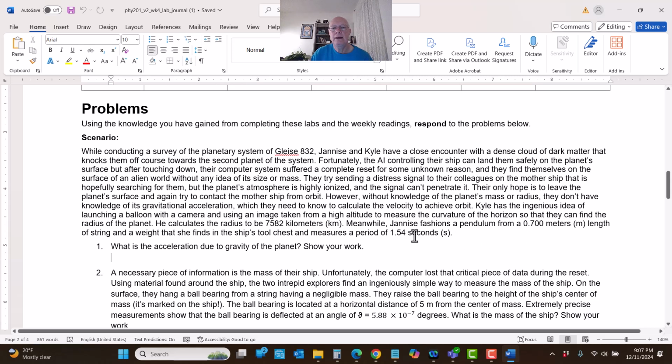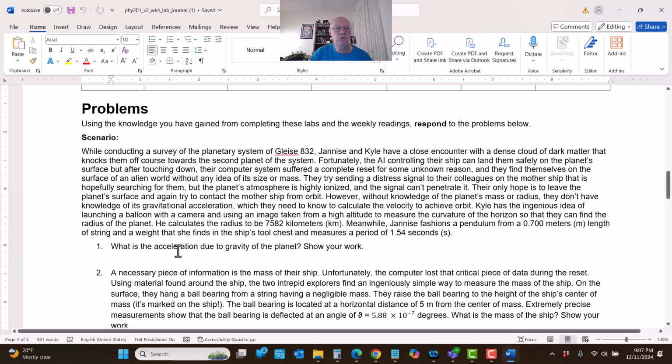And then Janice is very clever. She builds a pendulum with a length of 0.7 meters, and there's a weight at the end. And when she swings the pendulum, it swings with a period of 1.54 seconds.